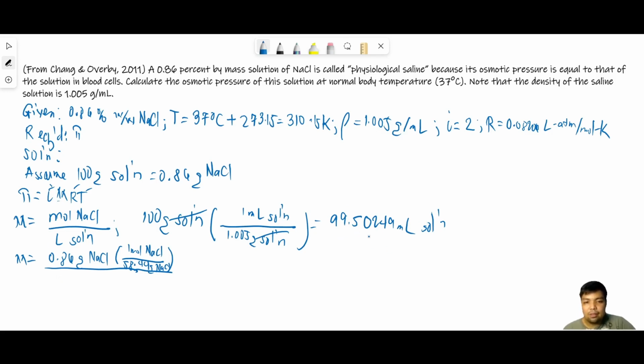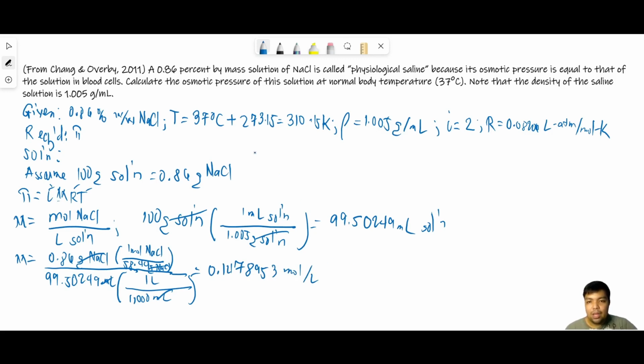Since this is in milliliters, we convert this to liters. So in the denominator, it will be 99.50249 milliliters, converted to liters using its conversion factor, 1000 mL to 1 liter. So the molarity of the said solution is equal to 0.1478953 mole per liter.